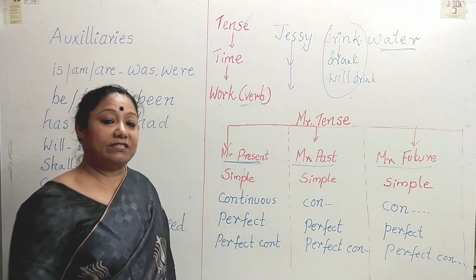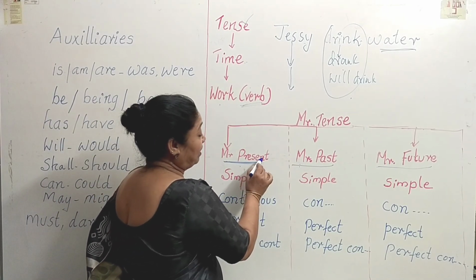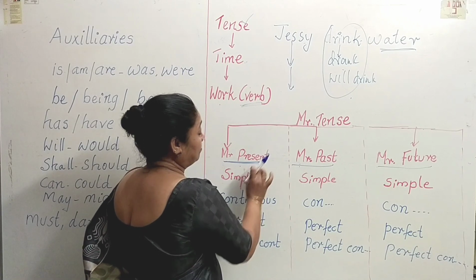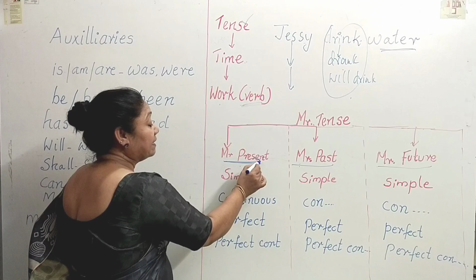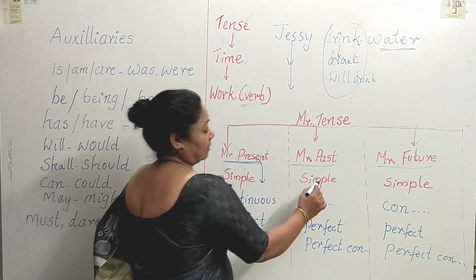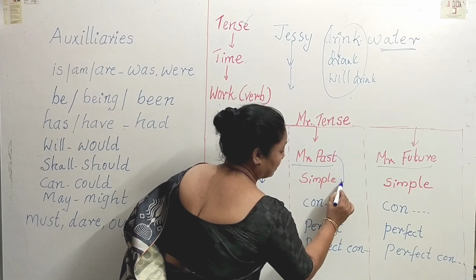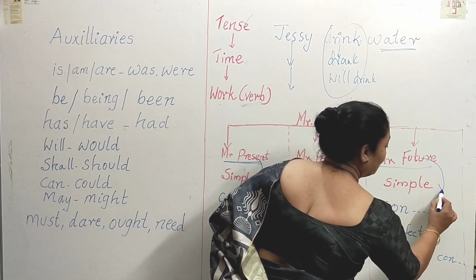Now, what is the twist? The twist is that the Simple sons take the father's name on this side: Simple Present, Simple Past, Simple Future.